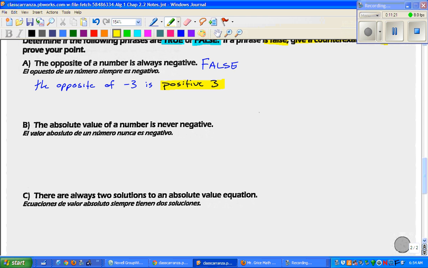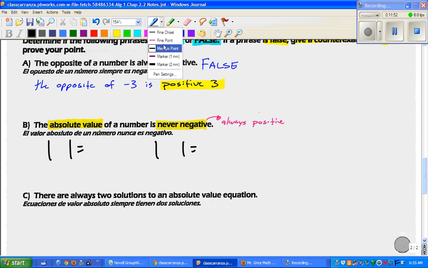Okay? Take a look at B. Okay? B is saying the absolute value of a number is never negative. That word right there, never negative, is pretty much saying that the absolute value is always positive. Okay? So, let's try to think of some examples.